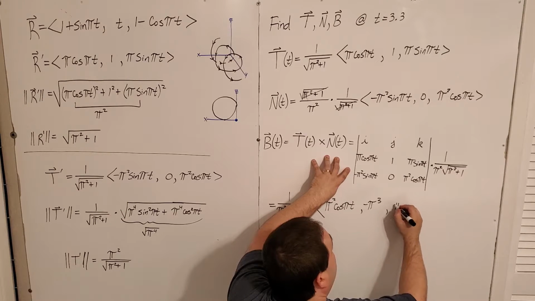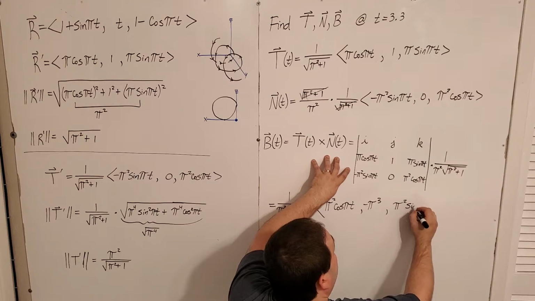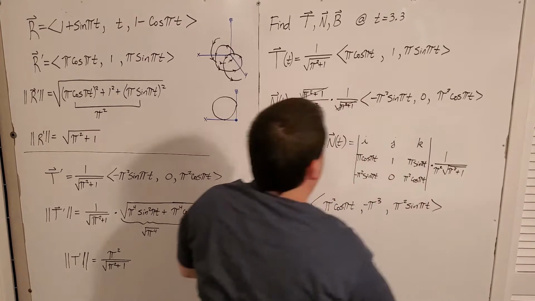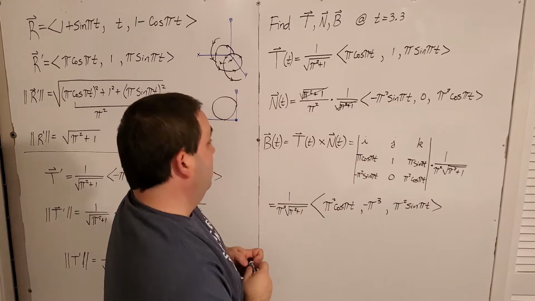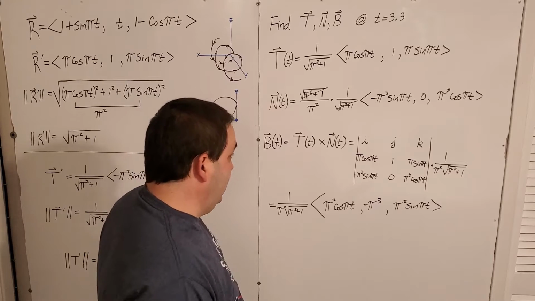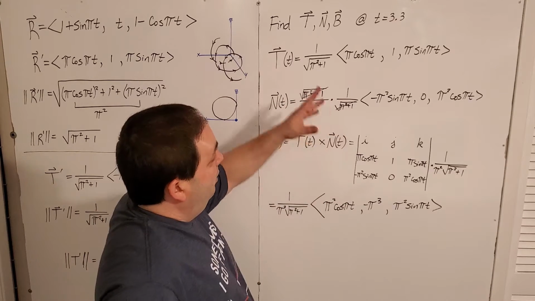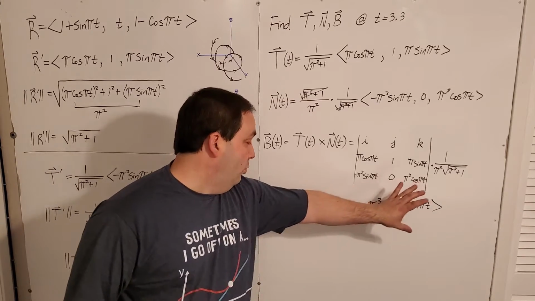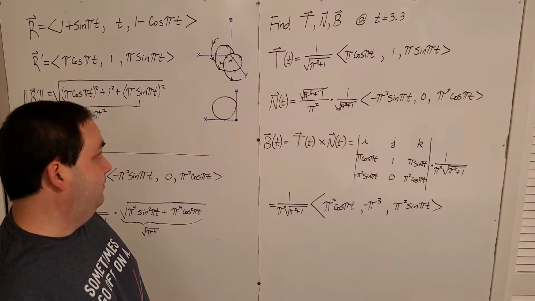So I get pi squared sine pi t, like so. Right? And if you check it with either of the other ones, you'll notice that it does indeed zero out with them. Right? So this is my binormal vector at any point t.